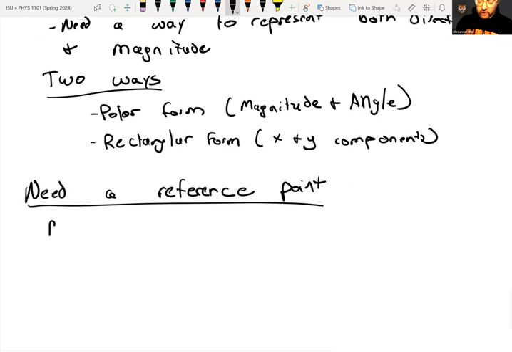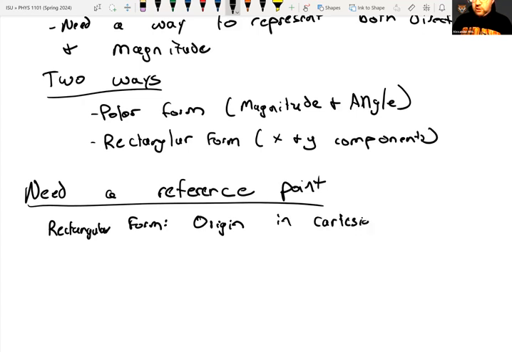So for rectangular form, the reference point we use will be some origin in a Cartesian plane. Now, a lot of times where that origin is arbitrary. So if you're talking about distance from your house or displacement from your house, you could either pick where you started as your origin or where you ended as your origin. But the point is you need to have some origin in order to specify that.